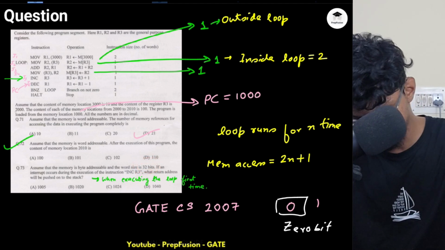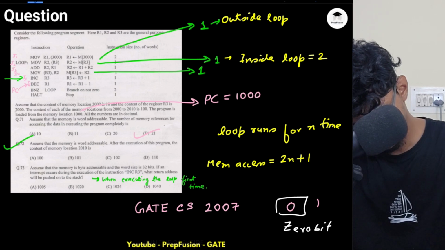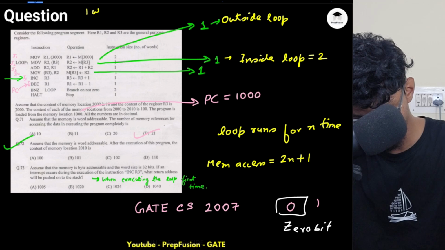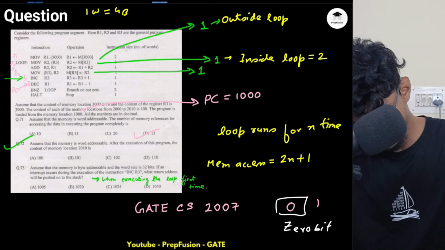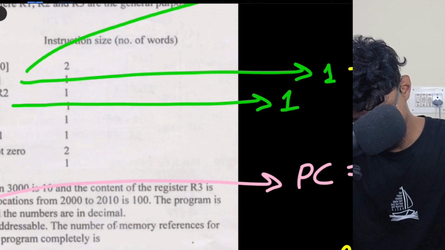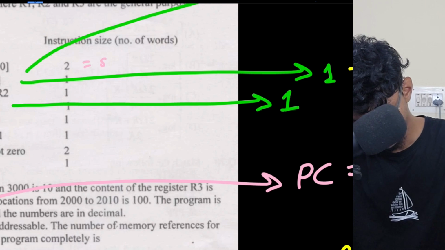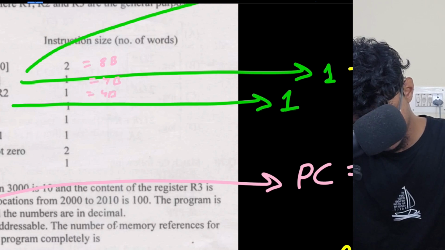One word is 4 bytes. All this has been explained in my full course, so I will not explain it here. How many bytes will two words be? It will be 8 bytes. This will be 4 bytes, this will be 4 bytes, all of these will be 4 bytes.